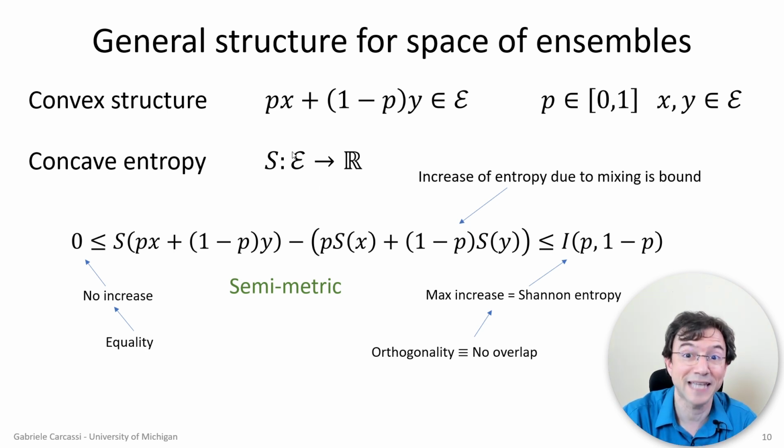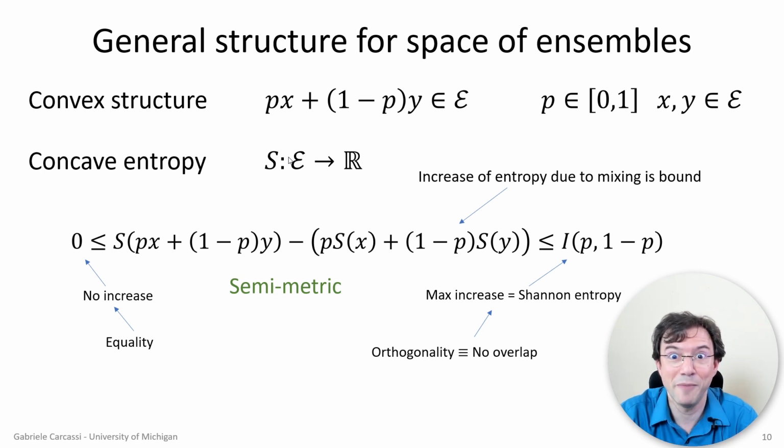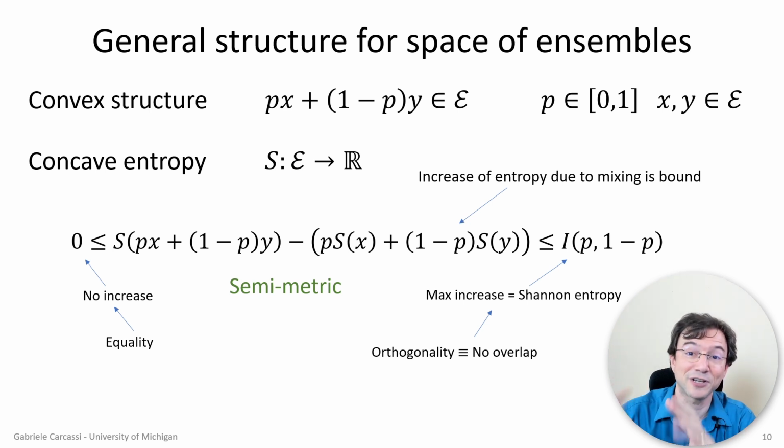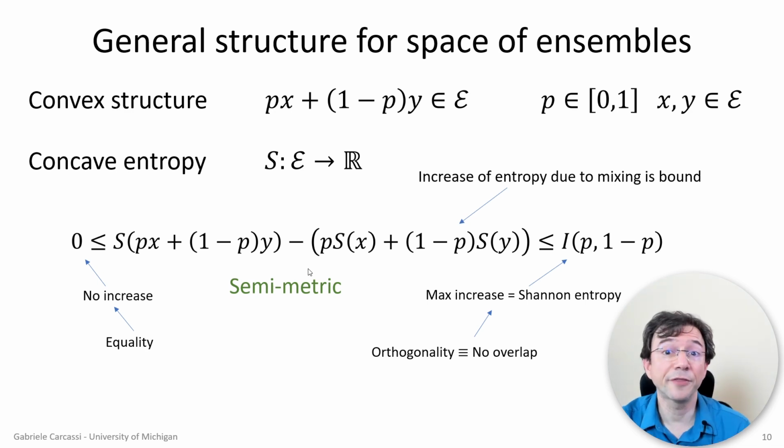And the entropy itself, the thermodynamic entropy, is also an operational quantity, like we go and measure it. And so this means that the fundamental structure that we're giving is physically well defined. It's connected to experiment. Another thing that is important about the entropy is that it's a concave function of the ensembles.